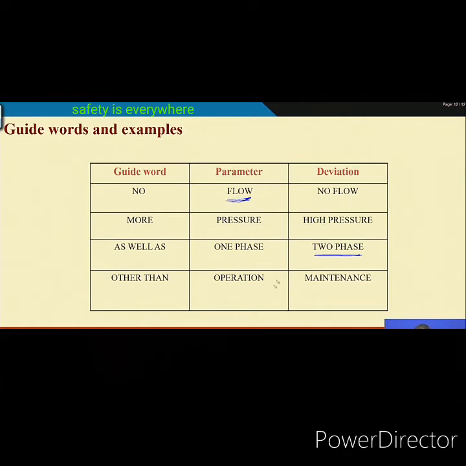Suppose it is time to do the actual operation, but in that time, instead of operation, maintenance work was going on. So, that means other than operation led to maintenance. So, this is the deviation. Suppose you require a particular job to produce something, but maybe a different material is given to you. So, then other than that particular material.